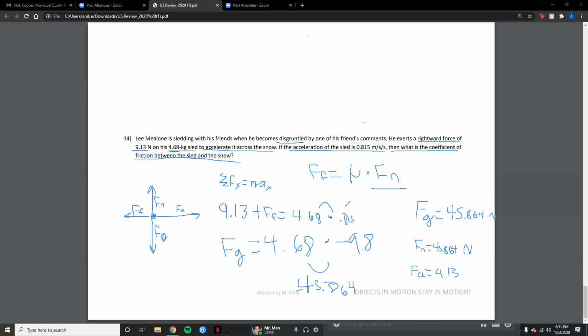So multiply these two together and you get 3.8142. So 3.8142 equals this. Yeah, let me just clean that up a little bit.